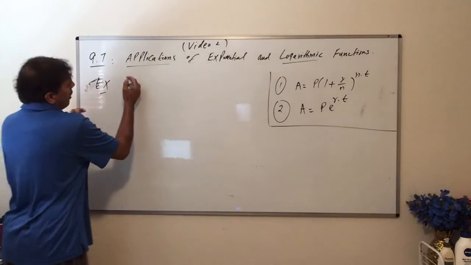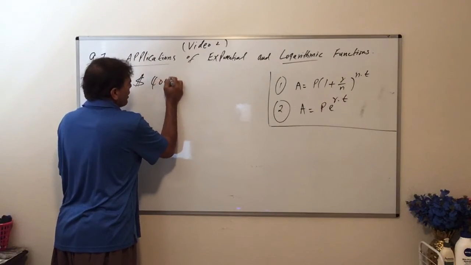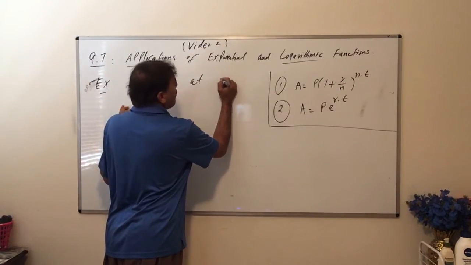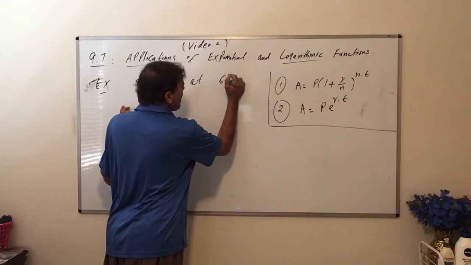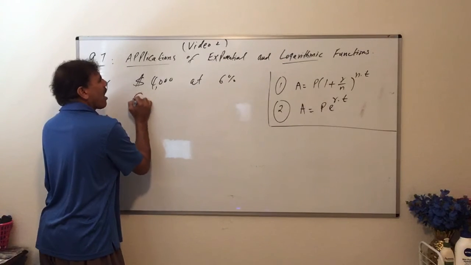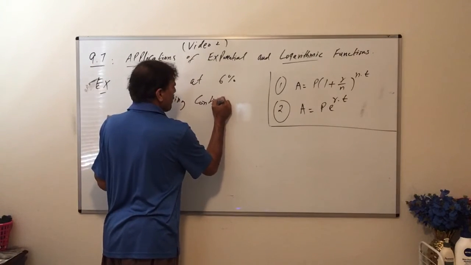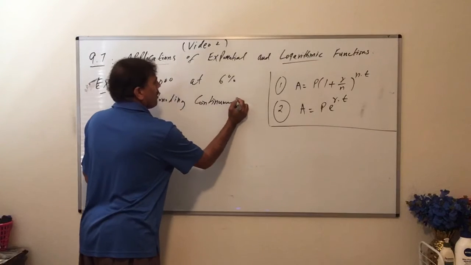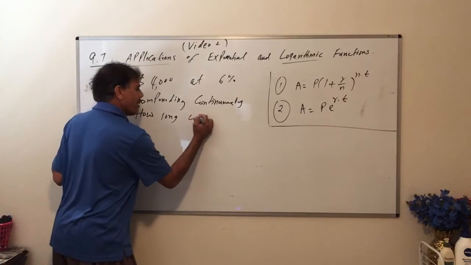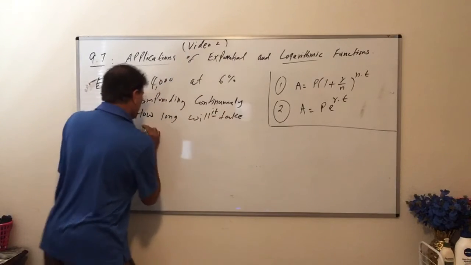Let's say you have in your hand $4,000, and you're investing at 6%, compounding continuously. It says how long will it take to double the money?